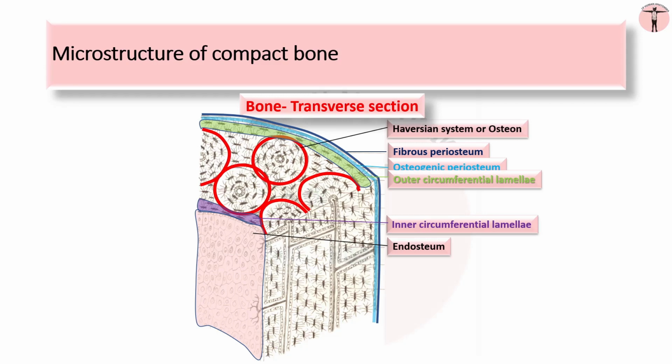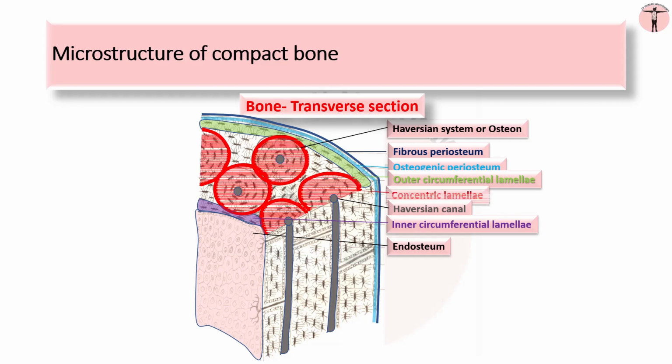The Haversian systems or osteons are seen in cross sections with Haversian canals, which are longitudinal channels lodging the reticular connective tissue, blood vessels and nerves. Each Haversian system or osteon consists of a number of concentric lamellae surrounding the Haversian canal. Small irregular or angular areas of bone between the Haversian systems or osteons are occupied by interstitial lamellae.